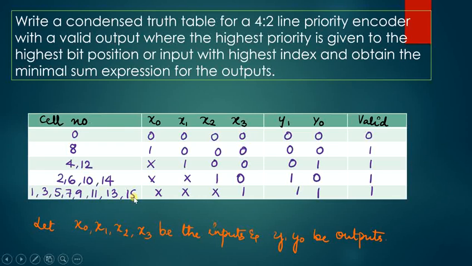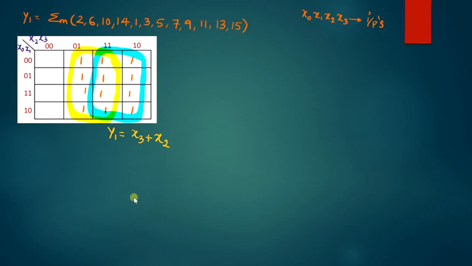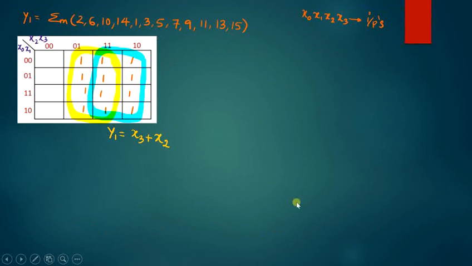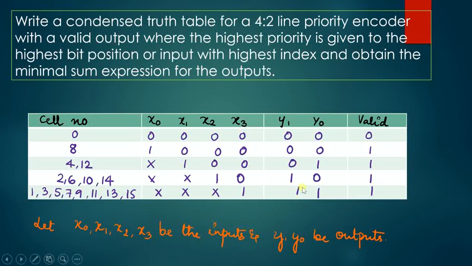So let me do that in the next case. Here I have x0, x1, x2, x3 as the inputs. Like the way I had mentioned for the previous case, for representing y1, I have to consider both these cells. That is 2, 6, 10, 14, 1, 3, 5, 7, 9, 11, 13 and 15.